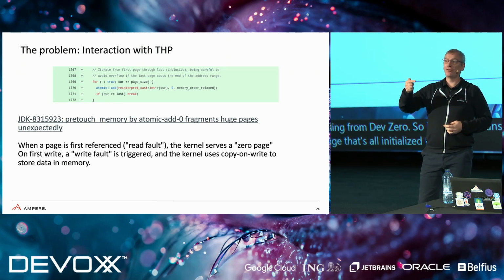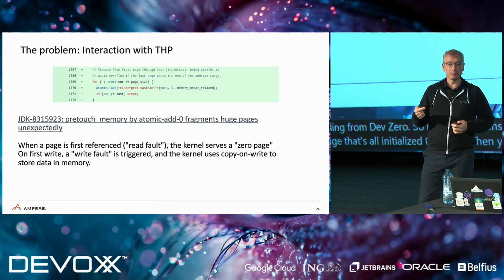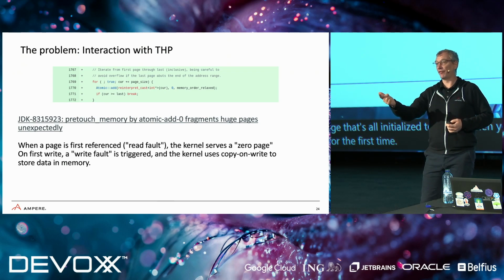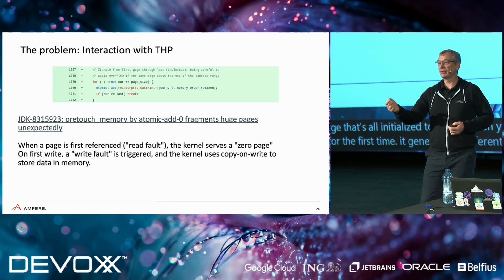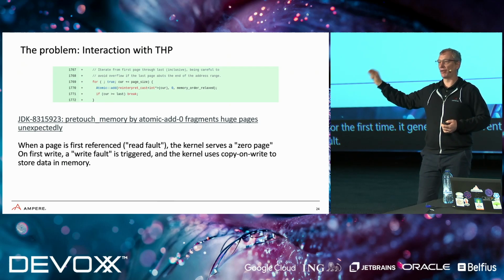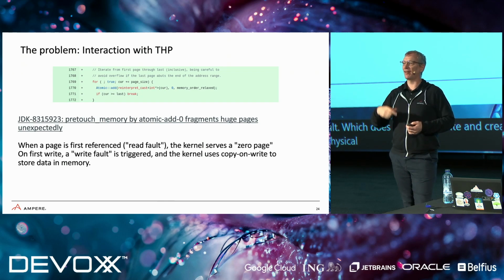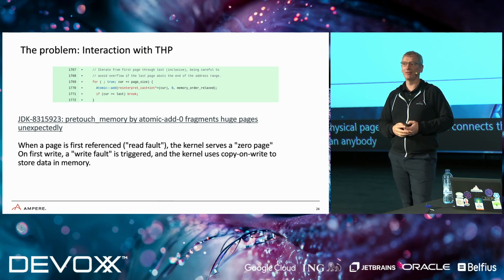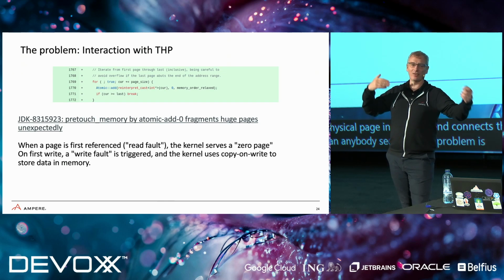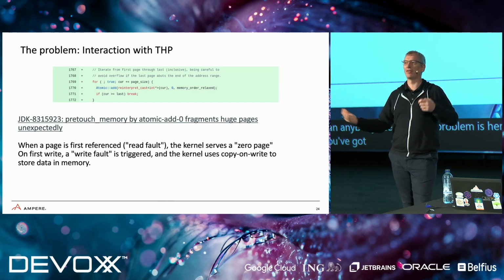When you write to a page for the first time, it generates a different fault, a write fault, which does a copy on write and creates an actual physical page in memory and connects that to that page. Can anybody see what the problem is here for when you've got THP in combination with always pre-touch?